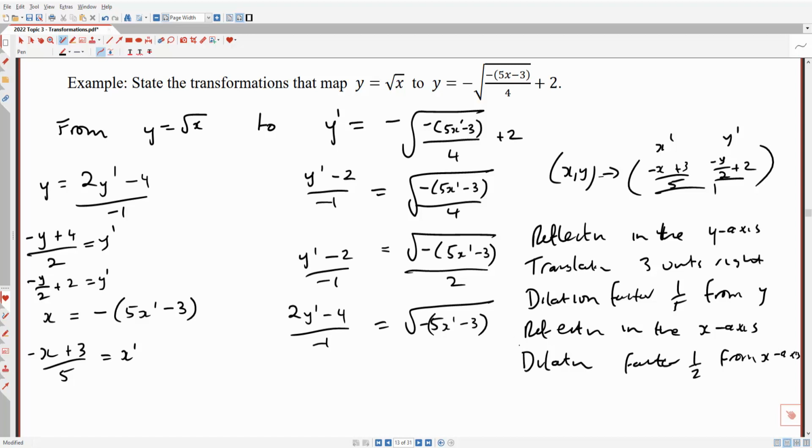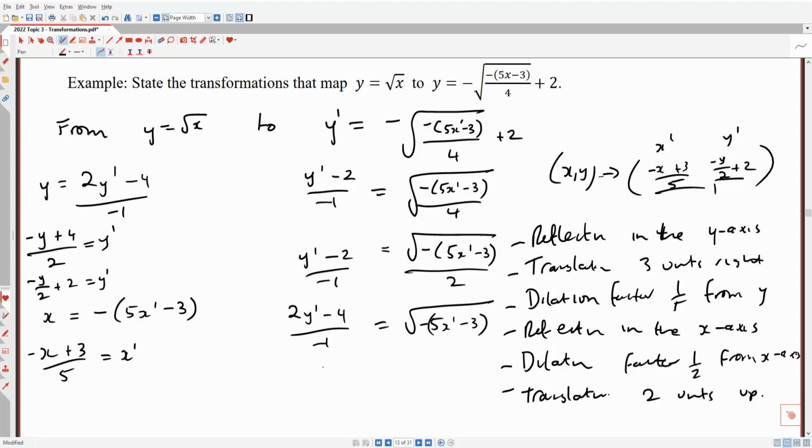Remember, you can write those in either order because it can get multiplied by a half and then negated, and it will still produce this. So you can change the order of them, but this one here has to go last. So it is a translation 2 units up. Alright, so all of these will take this to this.